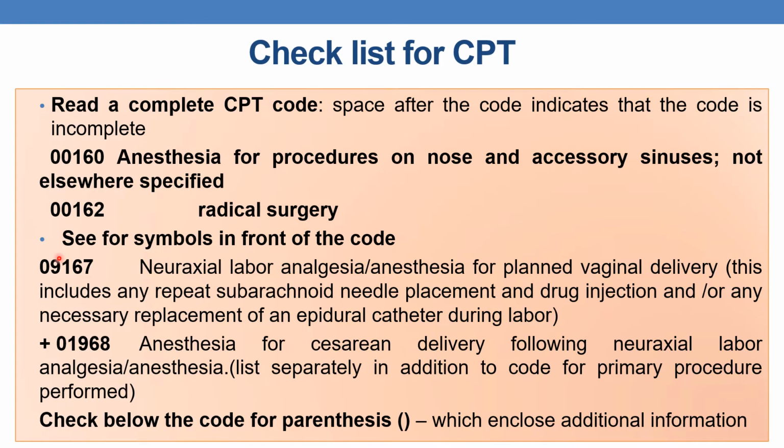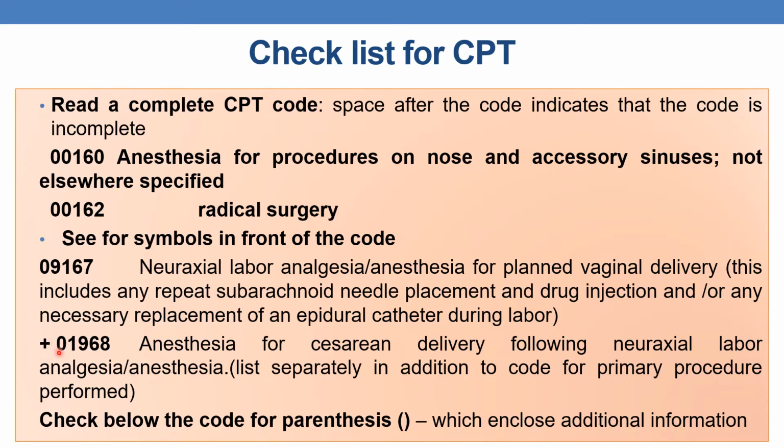Now coming to the second point, see for symbols in front of the code. You can find various symbols which will be discussed later on. As of now, let us see an example. Whenever you assign a code, you have to look for any symbols in front of the code. As you can see here, in front of 01968, there is a plus symbol.